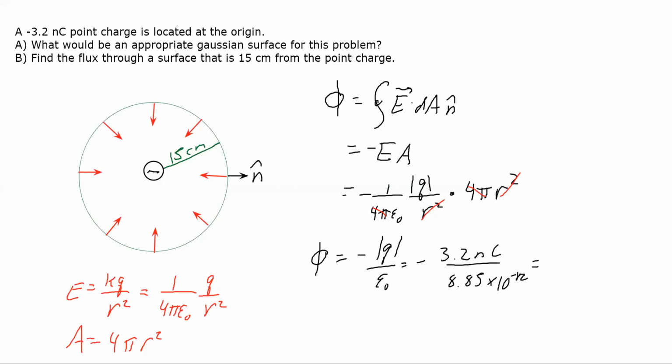Okay, so 3.2 times 10 to the negative 9 divided by 8.85 times 10 to the negative 12. So I get negative 360. Okay, so negative 360 there. And the units for that is newtons meter squared per coulomb. That's the unit for flux there.